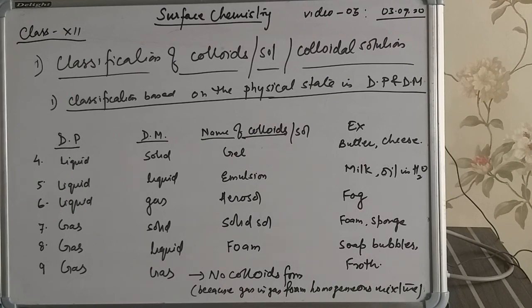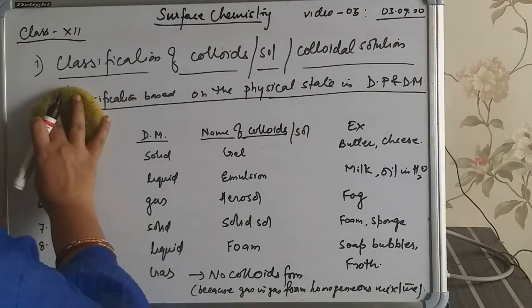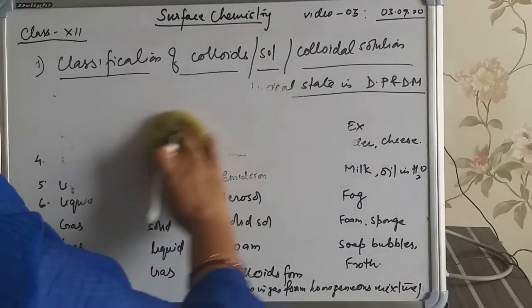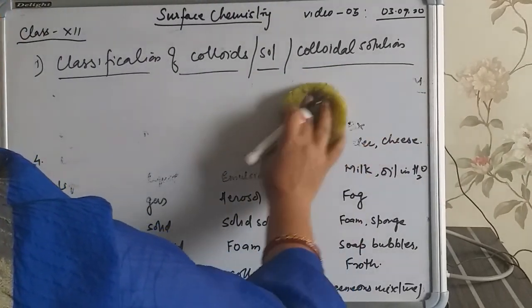So on the basis of particle state in dispersed phase and dispersion medium, we can easily distinguish which type of colloid forms. In this way you can easily learn all the names of colloids with examples. Let's discuss the next classification, on the basis of type of particles.